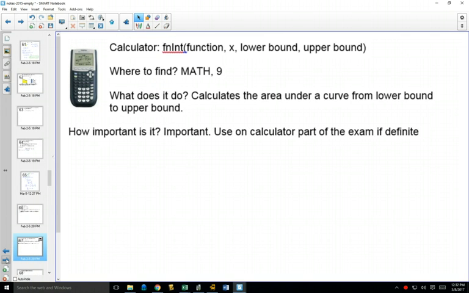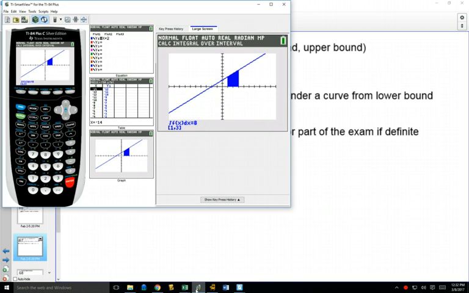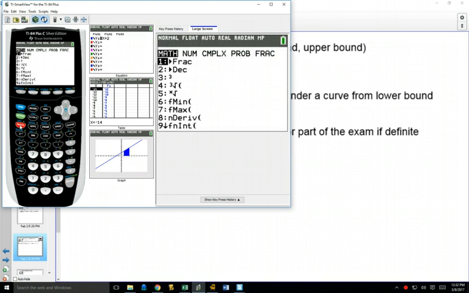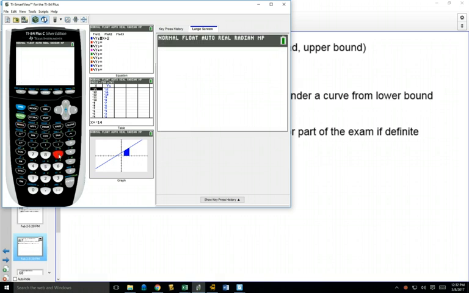There's some other things that you can do in your calculator. So if you go and hit your math button and go to number 9, fnInt, it actually comes up like this. So we can say, what is the integral from 1 to 3 of x plus 2?